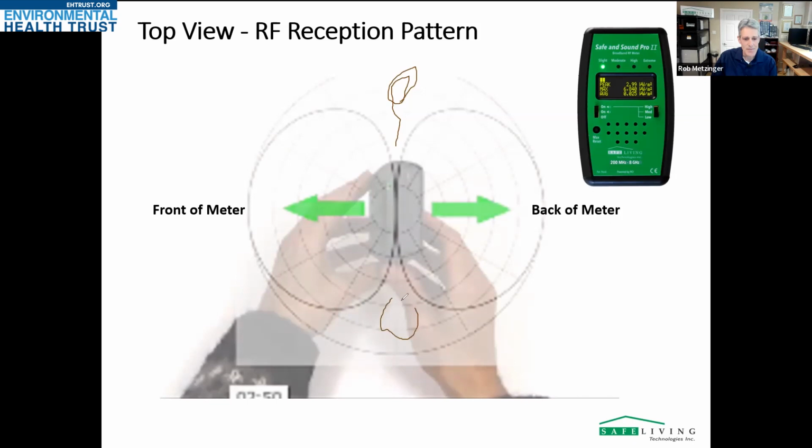It doesn't really pick up strong signals in this area. It picks up the strong signals in this range here and in this range here. So it's very important to understand your antenna patterns, because it shows you how to do the measurements. You want to try and point this at the source to get your maximum reading out of it.